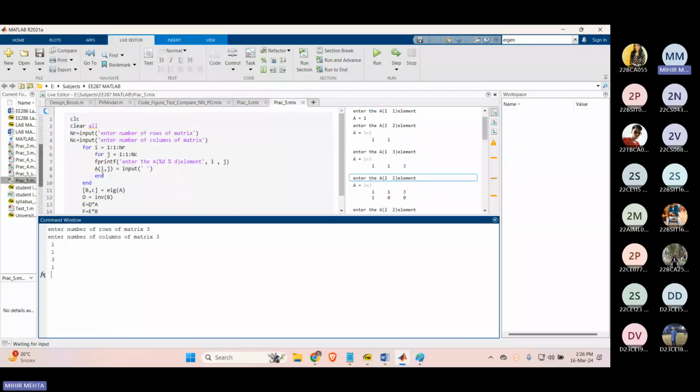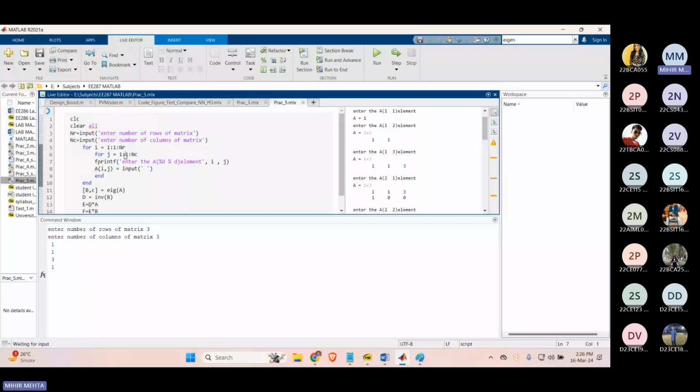You have entered the value. The loop again comes here. Initially your value of j was 1. Is there a scope of increment by 1, because you have still not reached the final value? Yes, you have the scope of increment, so now the value of j becomes 2. I is already 2, j becomes 2, so I have been asked to put the value of A22.